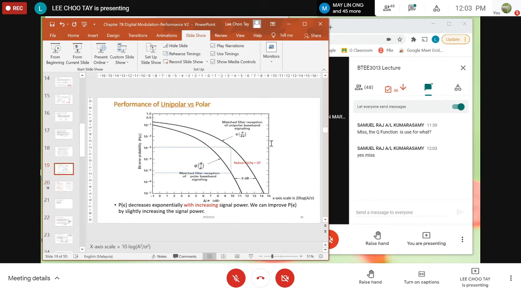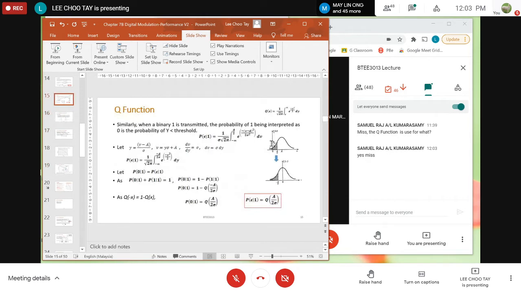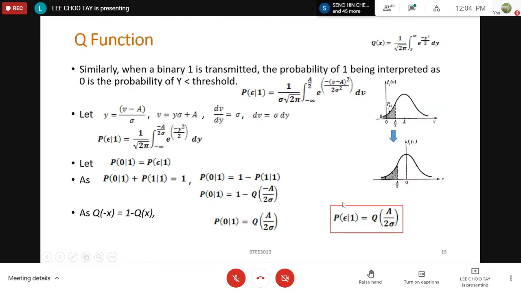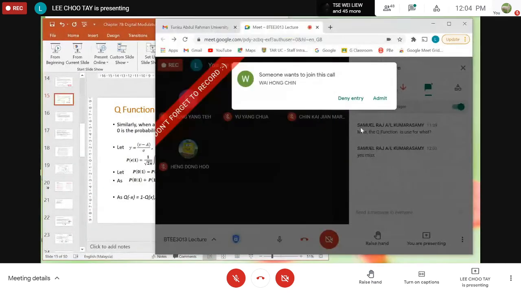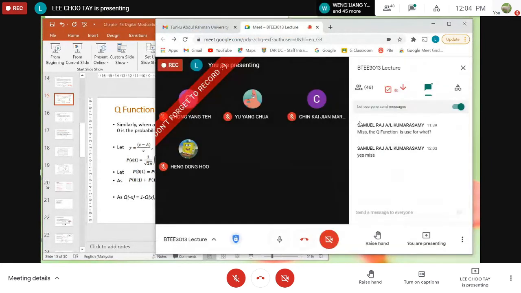I went through the whole process of equating the probability of error equation with the Q function equation, just to show you that you can find the probability of error using the Q function rather than perform integration under the curve. Instead of performing integration under the curve, just make use of the Q function to find the probability of error. Did that answer your question, Emma?